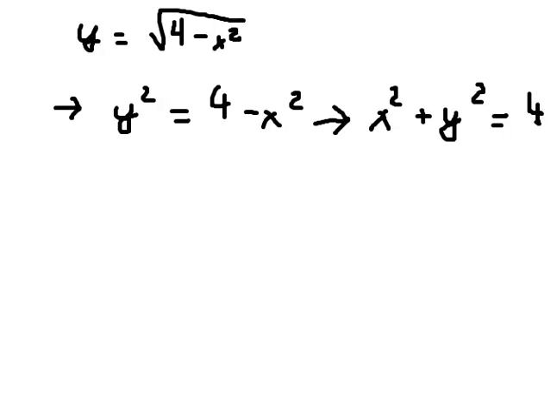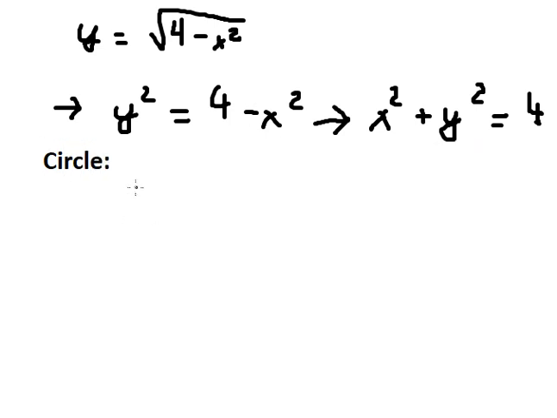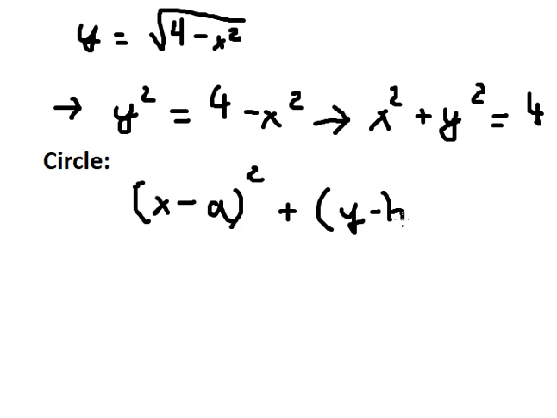So we know that the formula of the circle is (x minus a) to the power of 2 plus (y minus b) to the power of 2 equals r squared.